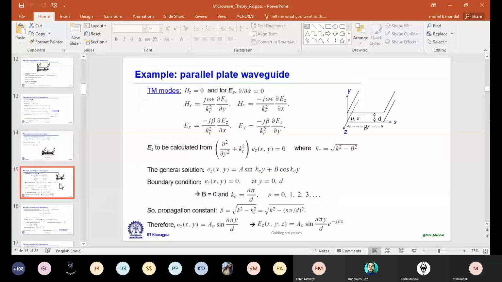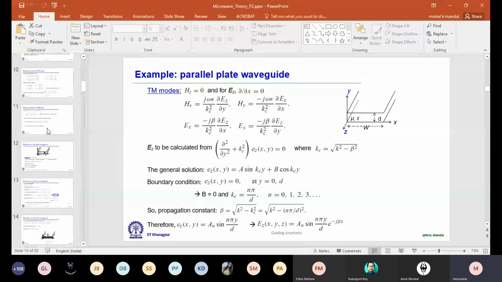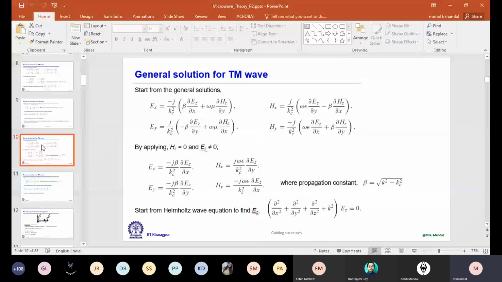Well, next thing is TM mode and then TE mode. So for TM and TE mode, we'll be starting from Helmholtz wave equation, and if I go back, already we have simplified it. You see, from Helmholtz wave equation, we can represent electric field and magnetic field in terms of Ez and Hz, and further it simplifies if I put Hz equal to 0.